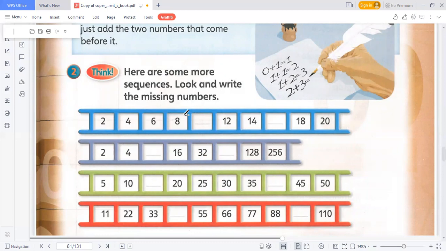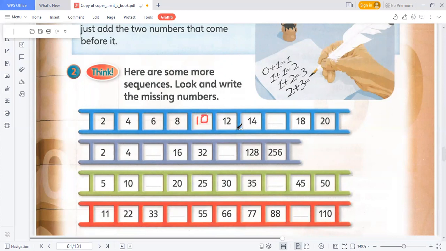6 and 8 is 14. Oh, sorry, it's 10. That's correct.